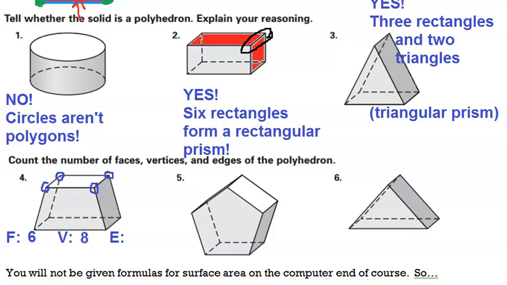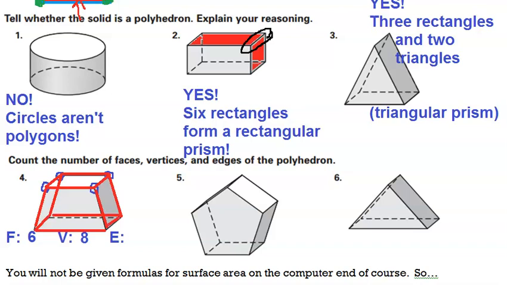Now edges, this is where it's going to be a little bit tough. We've got a whole bunch of them because we're going 1, 2, 3, 4 across the top. Then we're also going to go 1, 2, 3, 4 down the sides. And then for good measure, we also have 1, 2, 3, 4 on bottom.